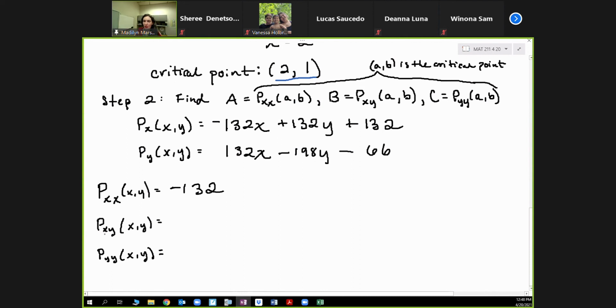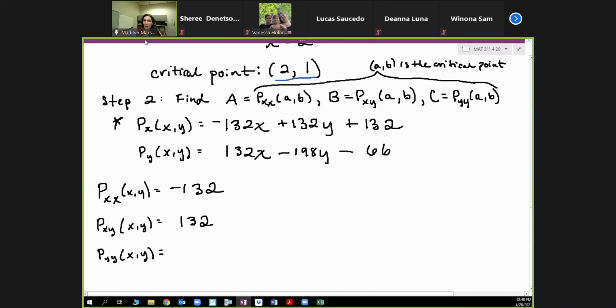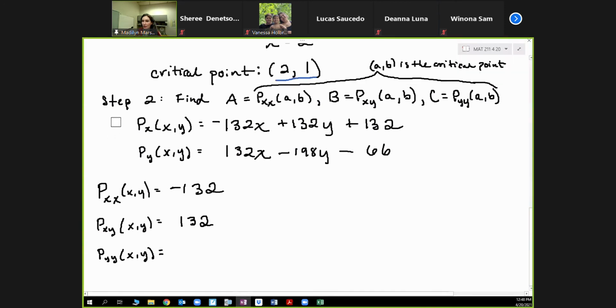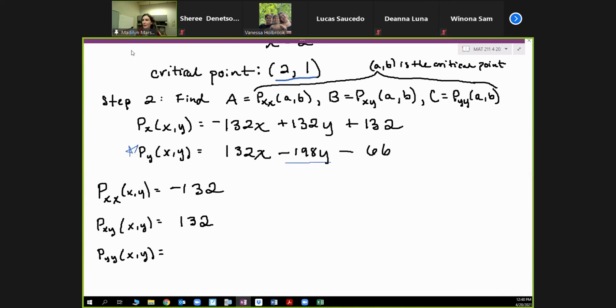The second order with respect to x and then y, we would start with that first one again, find the partial with respect to y, and that gives us 132. And then the partial with respect to y twice, we would start with this one. 198. 198, exactly. Negative 198. Oh, yeah.